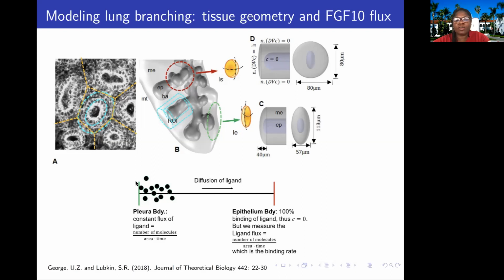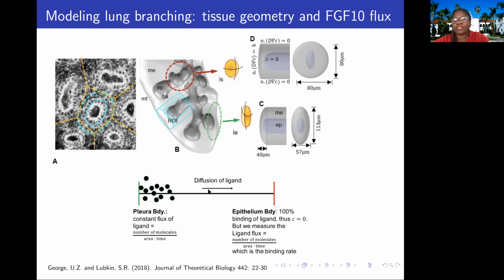Recall that when we looked at the images previously from the study by Bellusci that shows FGF10 expression, we know it's expressed close to the mesothelium, and these molecules shown here in black are going to diffuse down to the epithelium boundary.